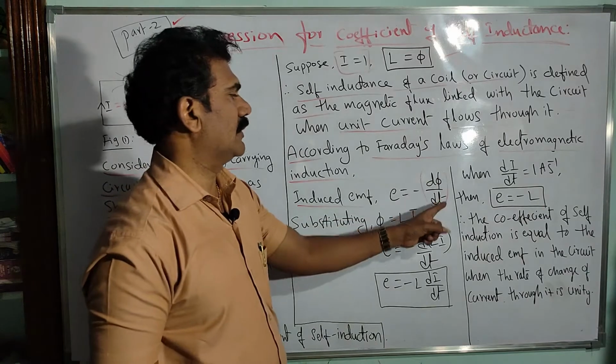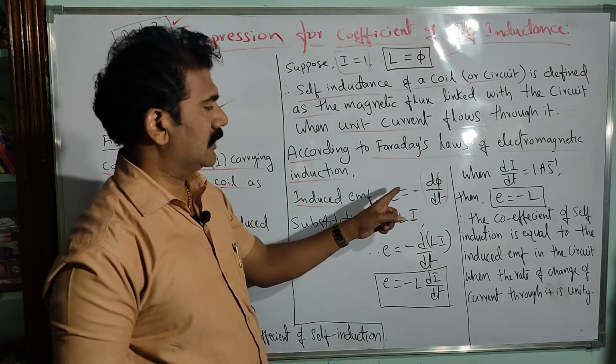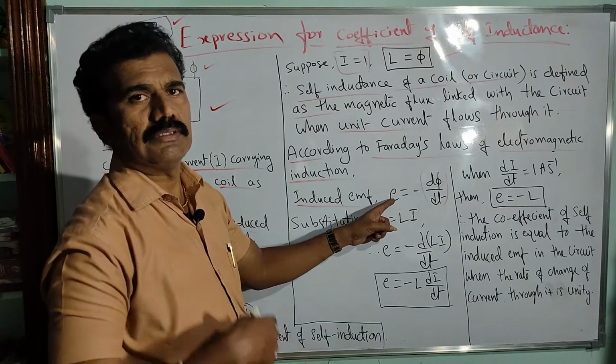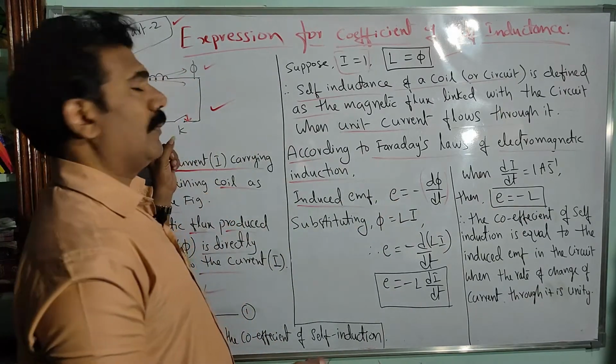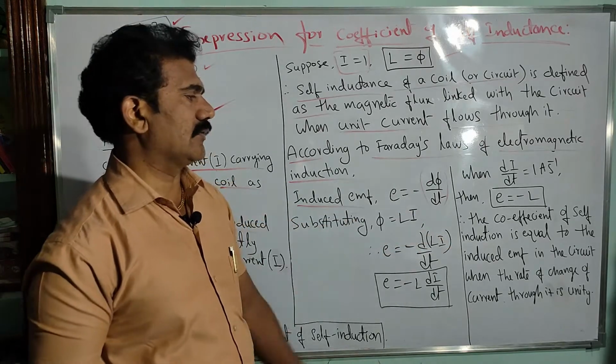The negative sign indicates that the induced EMF is always opposite to the applied EMF which produces the change of magnetic flux. That is why we have a negative sign here.